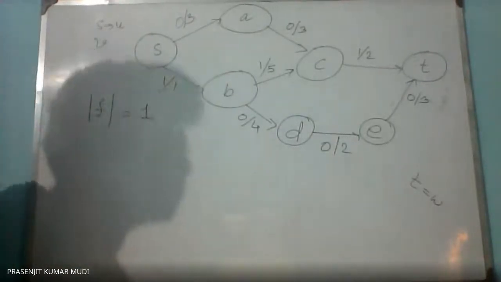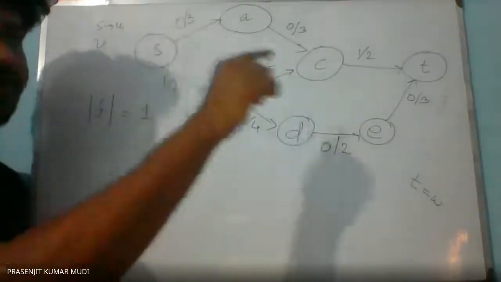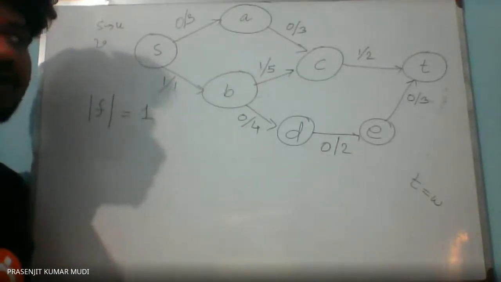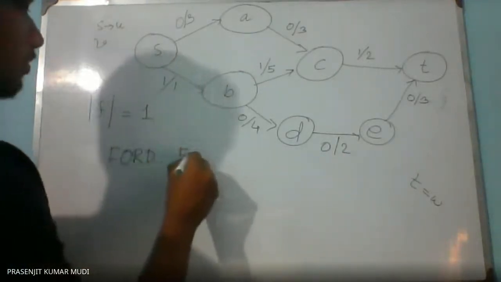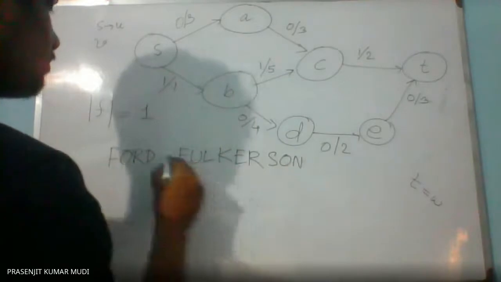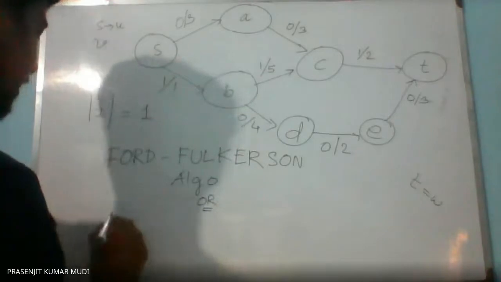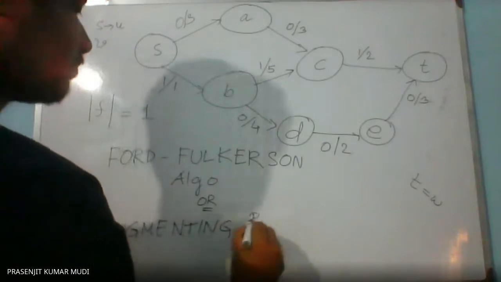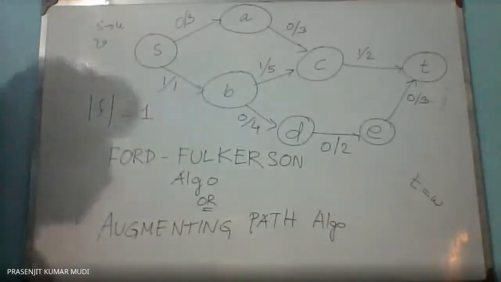But the question is, can we increase the flow from source to sink? One of the algorithms is the augmenting path algorithm, or Ford-Fulkerson algorithm.